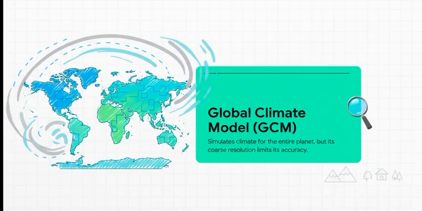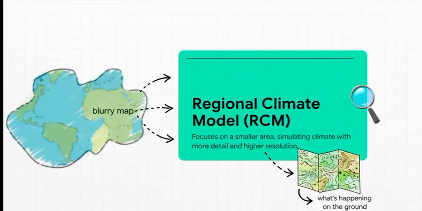It's great for seeing the huge weather systems, the big picture stuff, but it totally misses all the fine local details. So to get that detail, scientists zoom in using what are called regional climate models, or RCMs. An RCM is like going from that blurry world map to a super sharp, detailed street map of one specific area. It gives you a much, much clearer picture of what's happening right there on the ground.